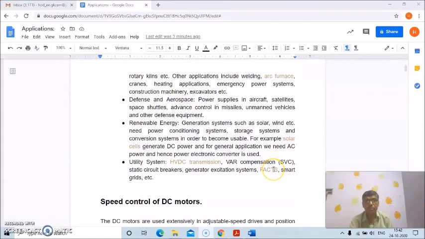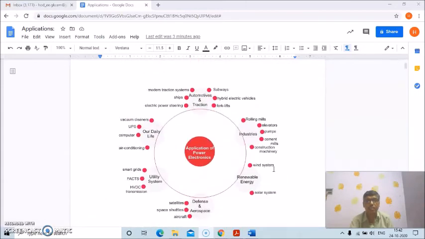The application list is enormous, starting from automotive and traction, within which you have subways, hybrid electric vehicles, forklifts, electric power steering, ships, modern traction systems, etc. Then we have industries, including rolling mills, elevators, pumps, cement mills, construction machinery.